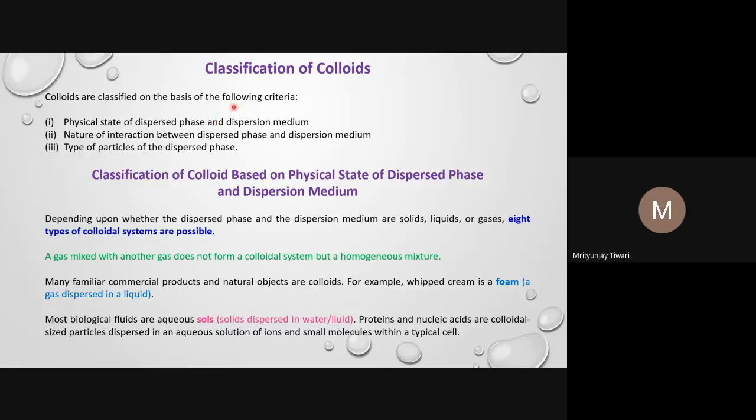Let us first look into the classification of colloids based on the physical state of the dispersed phase and dispersion medium. There are three physical states possible for a substance: solid, liquid, and gas.